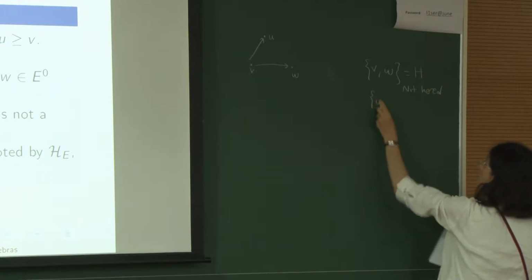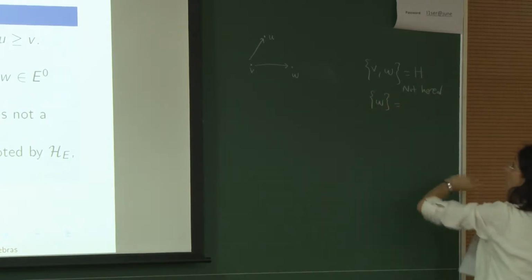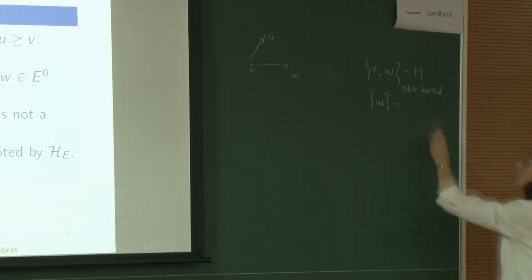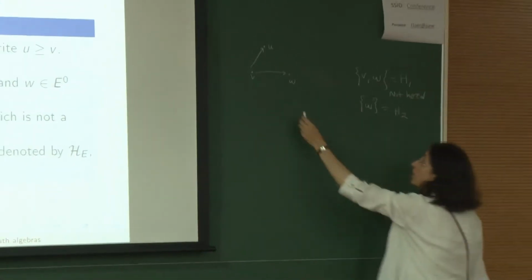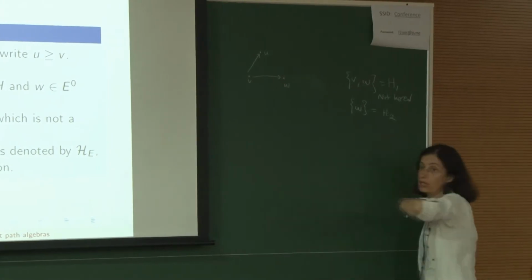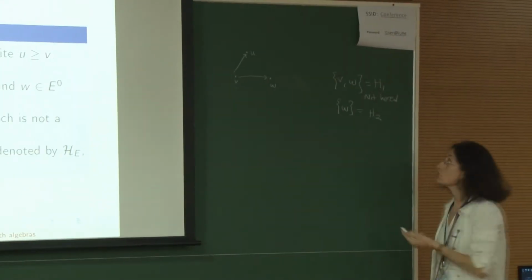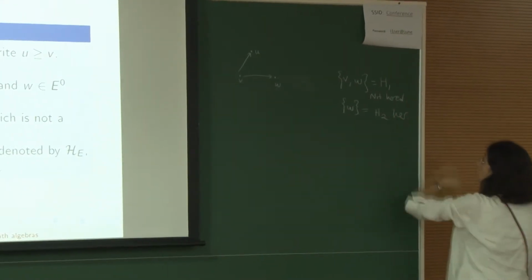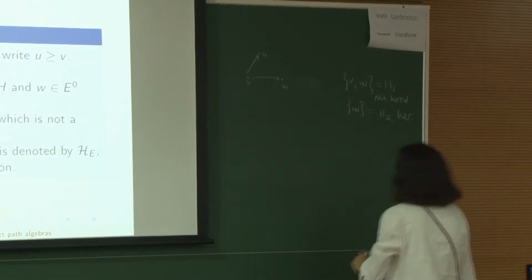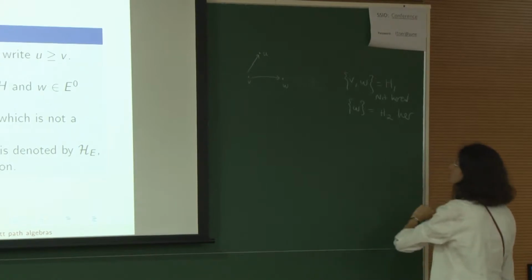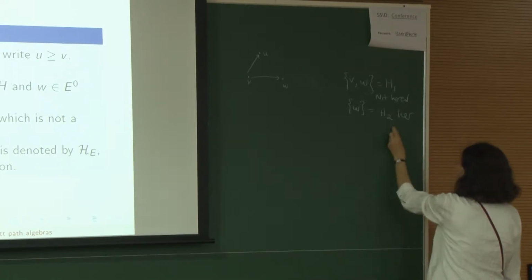However, look at this one. Is this hereditary? Well, this is a sink. There is no way that you can go anywhere from here, so it's hereditary. Let me ask the question, is it saturated? Yes.